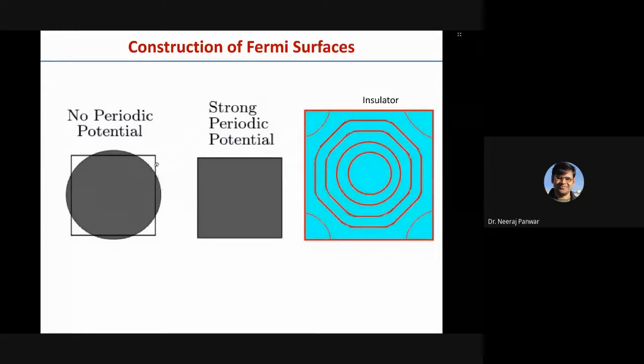We know that at the zone boundary there will be the appearance of an energy gap, and the energy levels very close to the zone boundary in the first Brillouin zone will get lowered, and the energy states in the second Brillouin zone, very close to the boundary between the first and second Brillouin zone, would get shifted up.